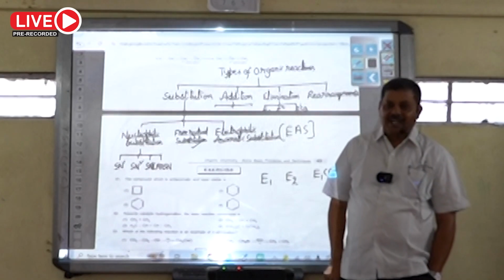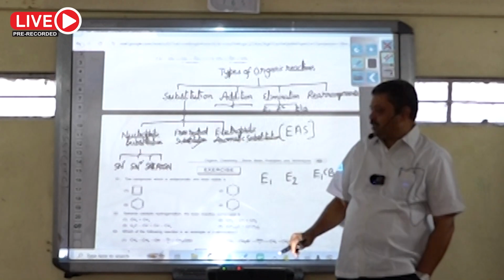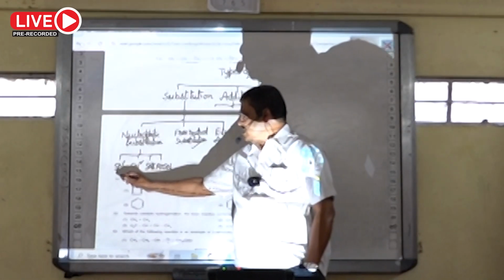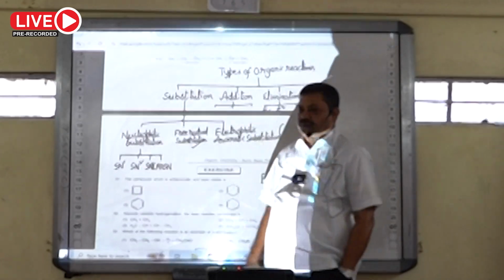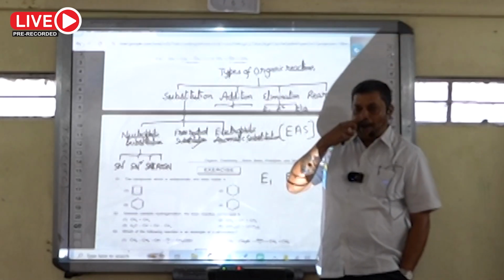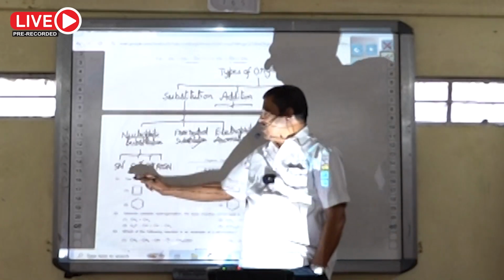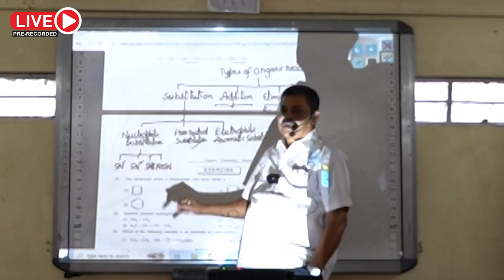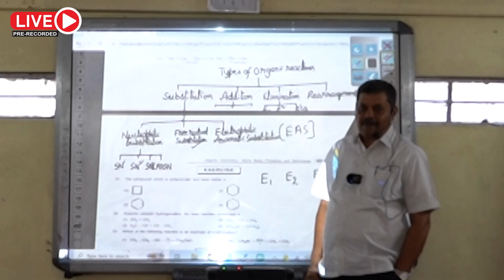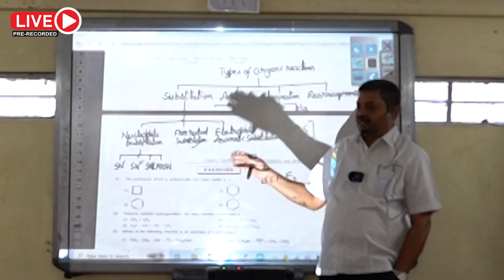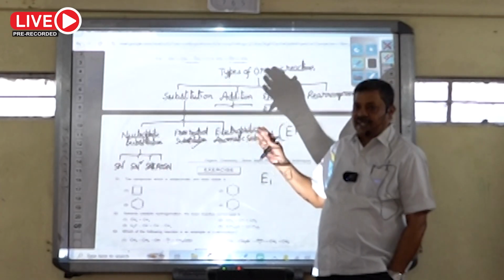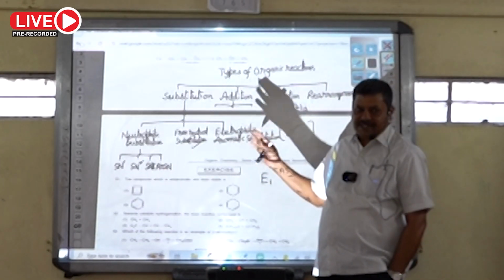Which compounds undergo electrophilic addition? Alkenes. Or you write under each one point. Here you write haloalkanes and haloarenes undergo what? SN1, SN2, SNi, SNAr.